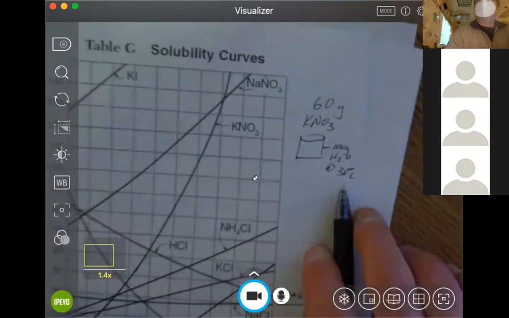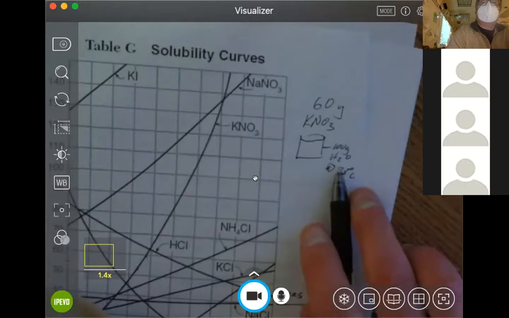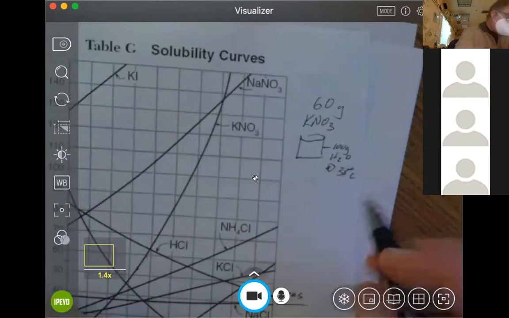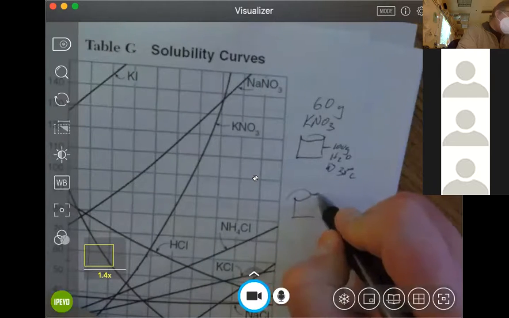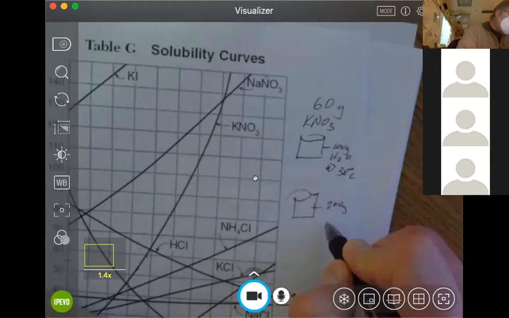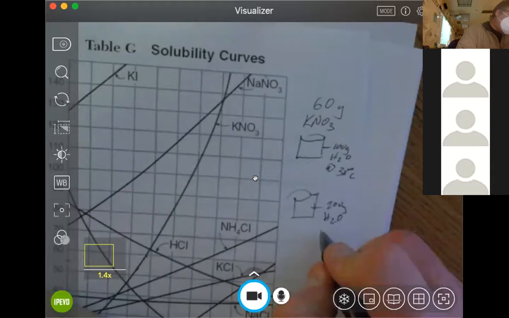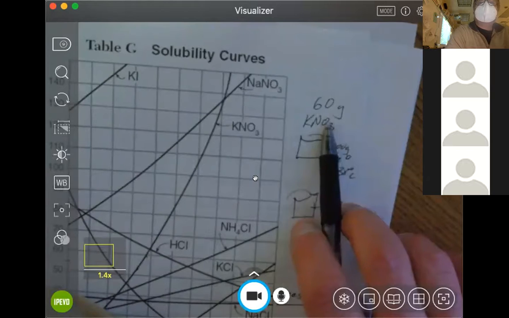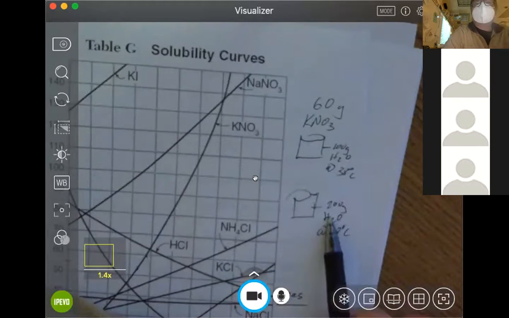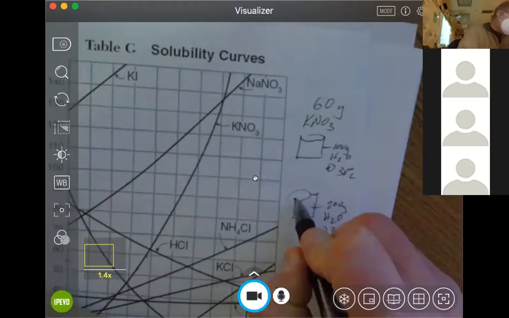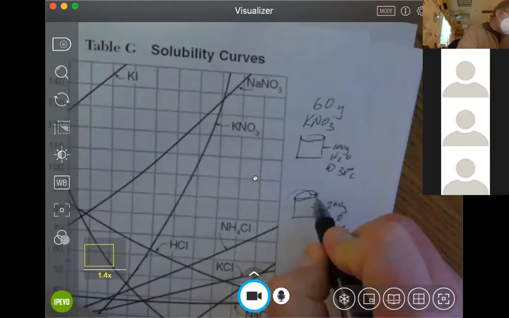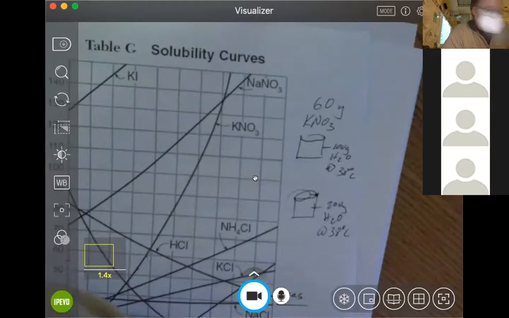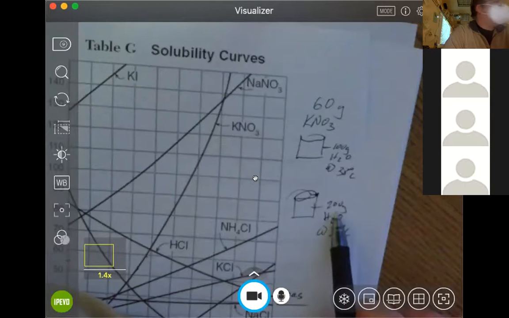What if at 38 degrees Celsius, instead of having 100 grams of water, we had 200 grams of water? Same temperature, but we have 200 grams of water. How much potassium nitrate could we put in there then? 100 grams will hold 60 at 38 degrees Celsius. We have double the amount of solvent.